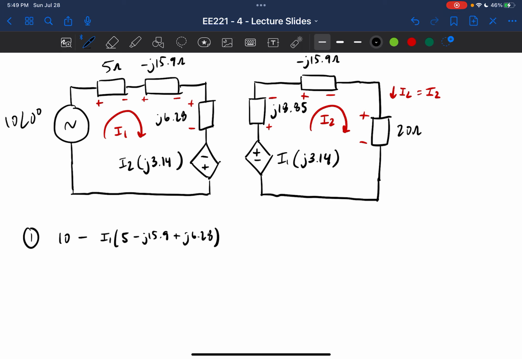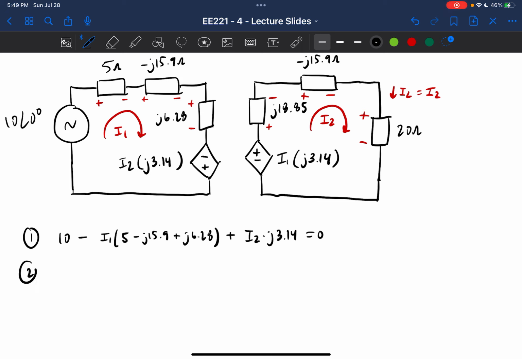You could write those all as different terms, but not really any reason to do that. Might as well just group them from the start. And then I get to this voltage source, and I know I'm going from a minus to a plus, so I have to go up in voltage. So I'm going to add I2 j3.14 equals 0. That's my KVL expression for the first loop.